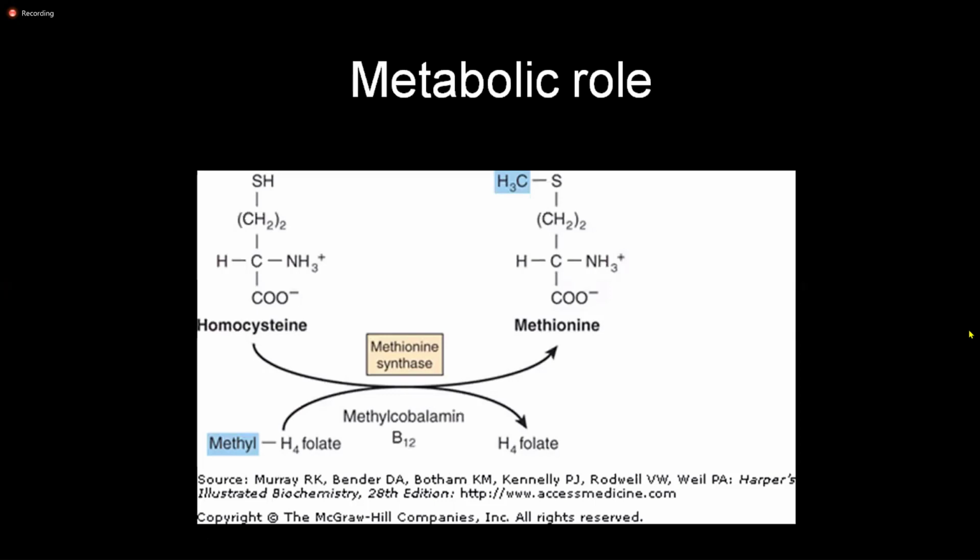So regeneration of methionine is done by a vitamin B12 dependent enzyme. Otherwise, homocysteine will accumulate in the blood, and homocysteine is a very important risk factor for the development of hypertension and atherosclerosis, leading to cardiovascular disease.